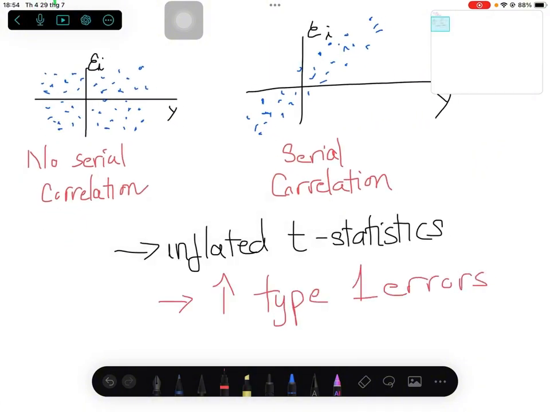Investors may incorrectly conclude that a macroeconomic variable has predictive power when the apparent significance is simply created by correlated residuals. Professionals usually detect serial correlation using Breusch-Godfrey tests.